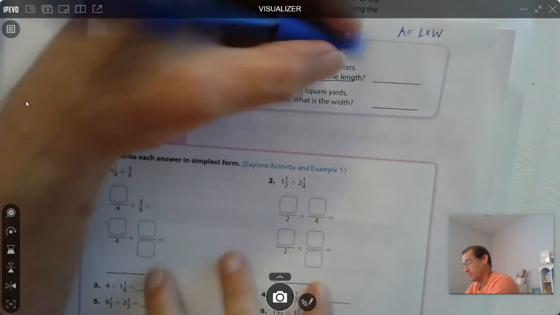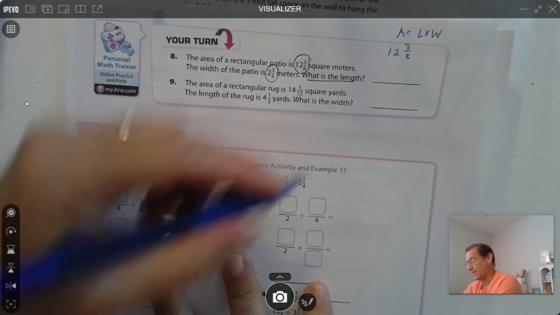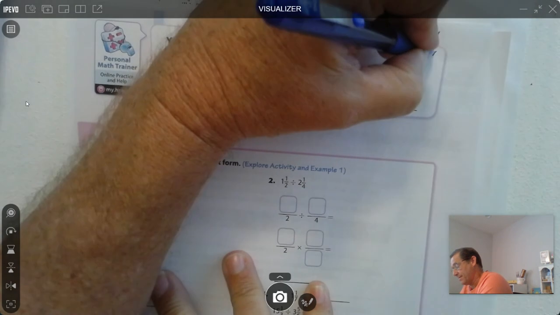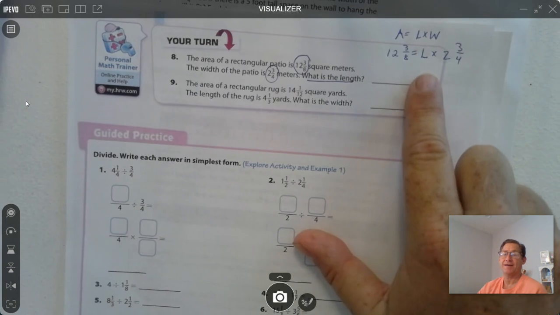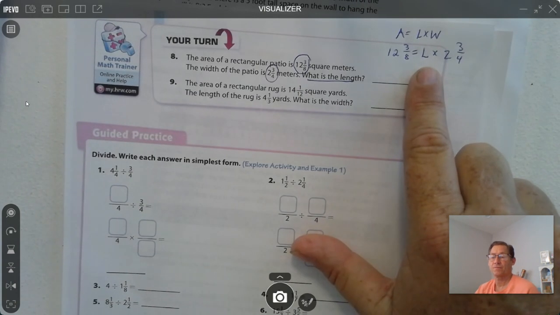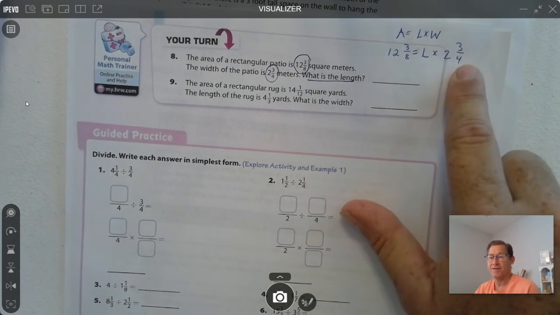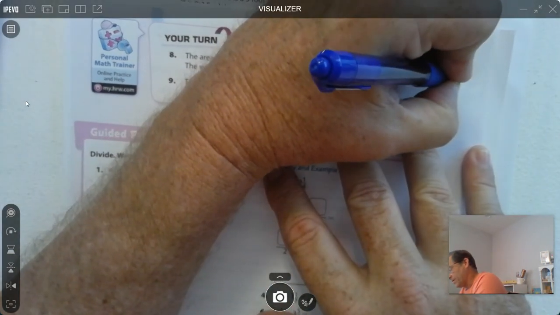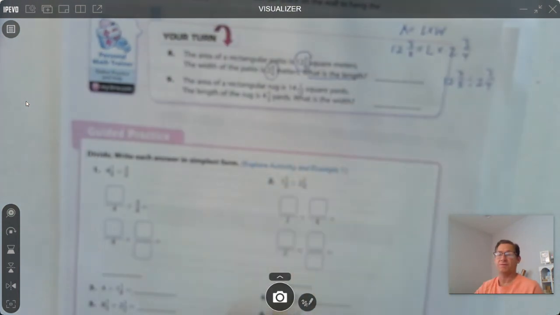Well, they're giving us the area of 12 and 3/8, and they gave us a width of 2 and 3/4. So we have to find the length. Well, I know that if I take 12 and 3/8, the area, and divide by one of the dimensions, it'll give me the other dimension. So I'm going to take 12 and 3/8, and I'm going to divide by 2 and 3/4.